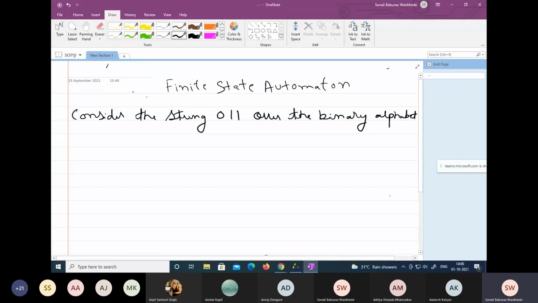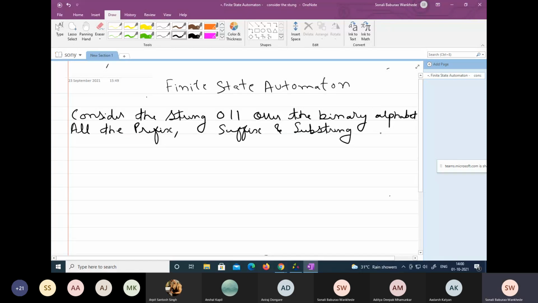You have to find all the prefixes, suffixes, and substrings of this string.